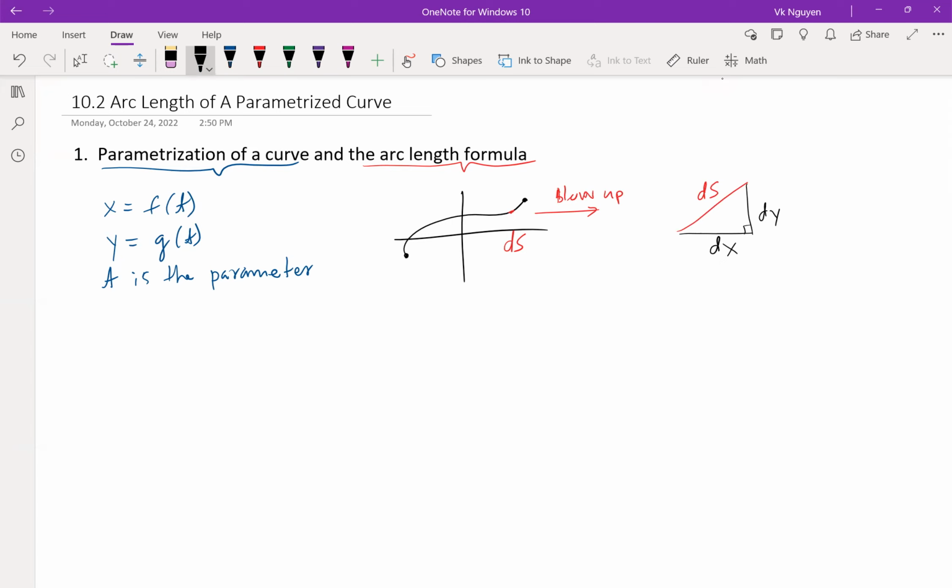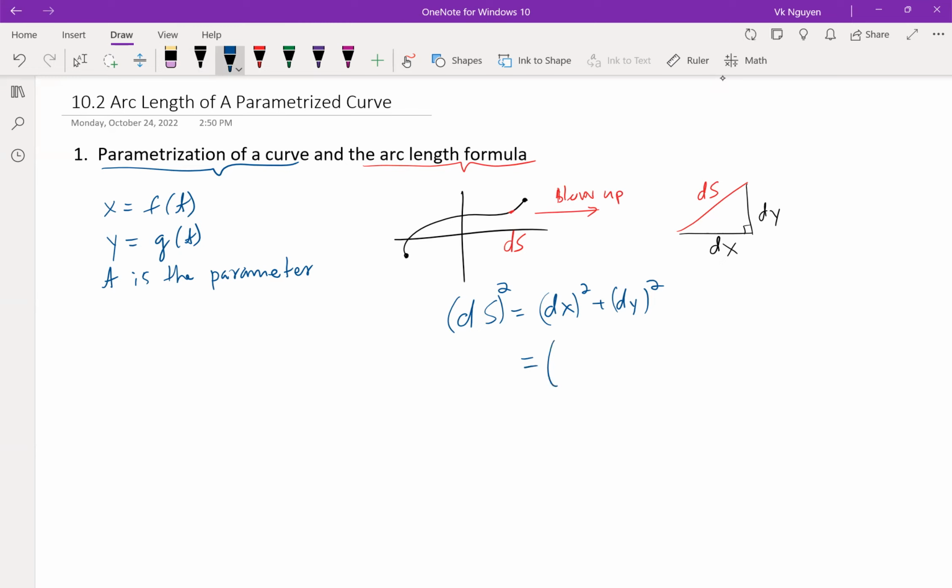Using the Pythagorean theorem, ds squared is dx squared plus dy squared. Introduce the dt in there because x and y are functions of t.